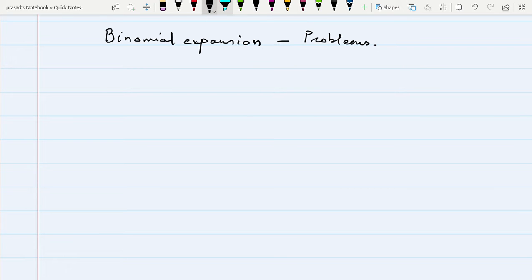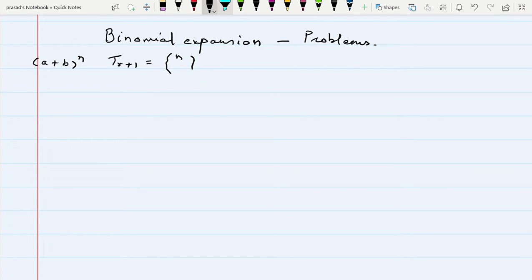Hello students, last time we had seen the general formula of binomial expansion, and in that I told you about the general r plus 1 term formula. Suppose the expansion is (a plus b) to power n. So what will be T(r plus 1)?